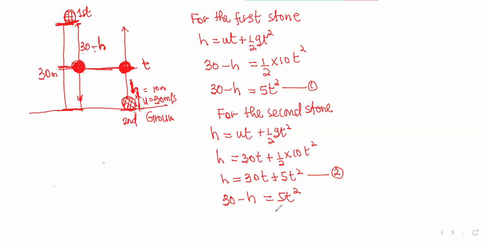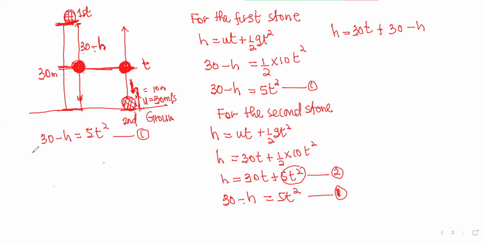And equation 2, h is equal to 30t plus 5t squared.